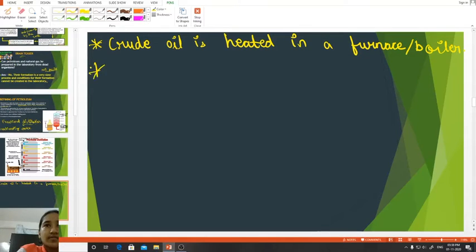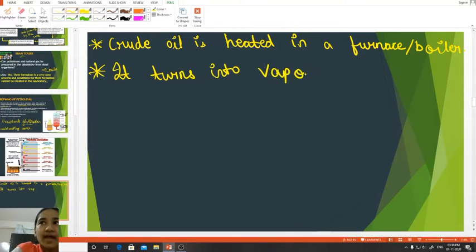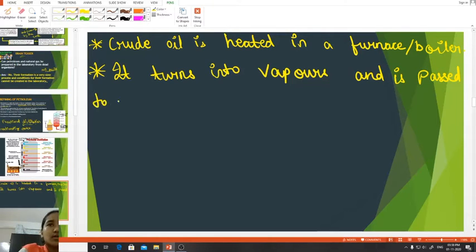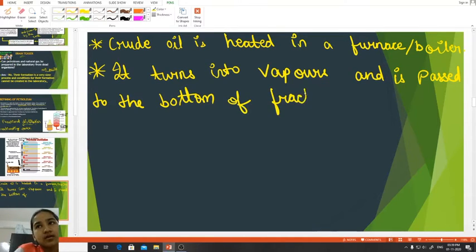The second process is that it turns into vapors and is passed to the bottom of the fractionating tower.